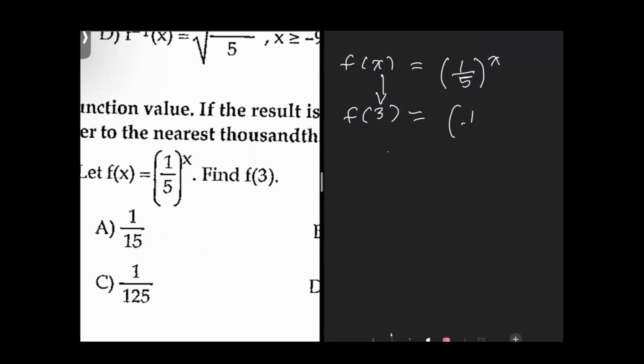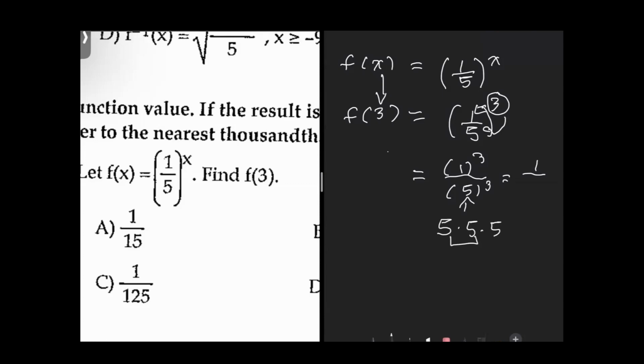So we're going to have 1/5 to the third. Now, if you remember your properties of exponents, this 3 belongs to both the top and the bottom. So in other words, we can have 1 to the third over 5 to the third. And 1 to any power is 1. And 5 to the third is the same as 5 times 5 times 5.